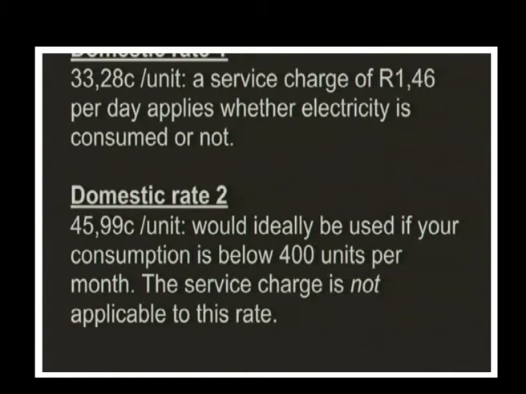A service charge of R1.46 per day applies whether electricity is consumed or not. Domestic rate 2, 45.99 cents per unit. Would ideally be used if your consumption is below 400 units per month. The service charge is not applicable to this rate.